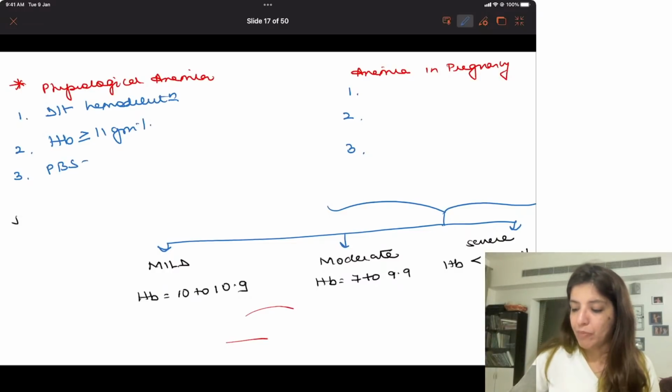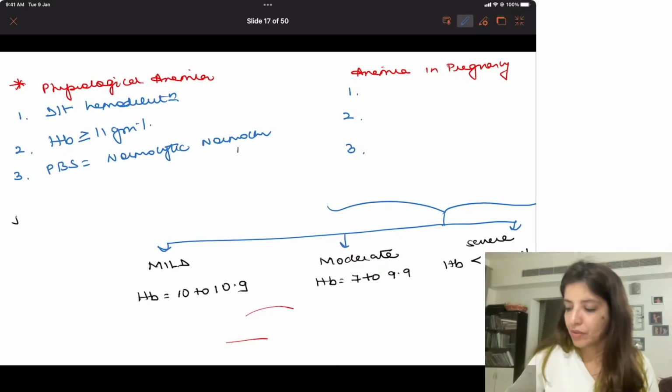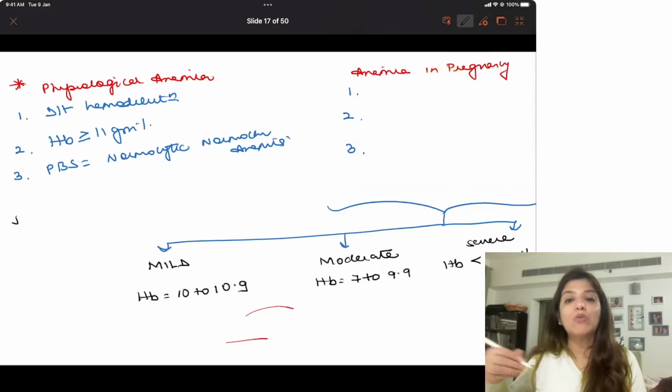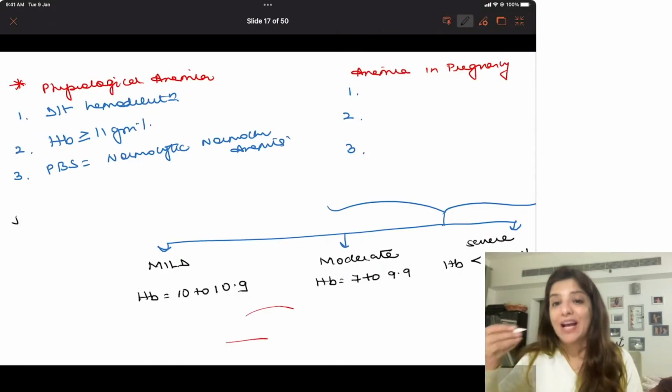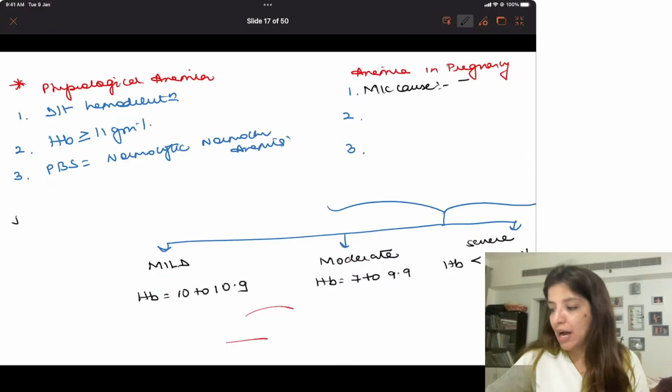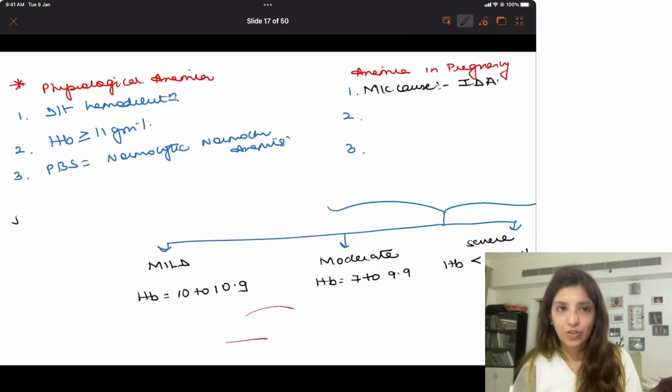And on peripheral blood smear, it is a normocytic, normochromic anemia. Whereas when we talk about anemia in pregnancy, that is pathological anemia, the most common cause of pathological anemia is iron deficiency anemia.